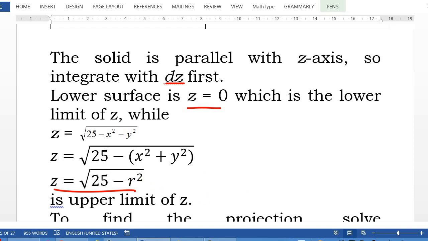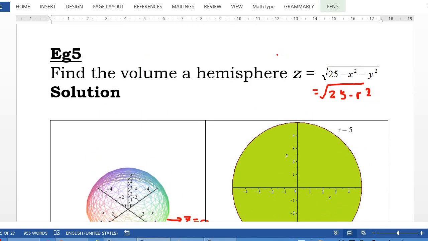Then to get the projection of the hemisphere, you square it back from here. So you have z squared equal to 25 minus x squared minus y squared. To get the projection of region R on the xy plane, z is 0.